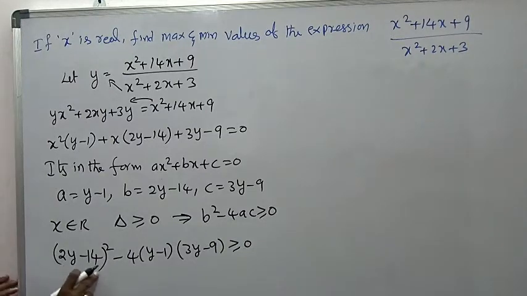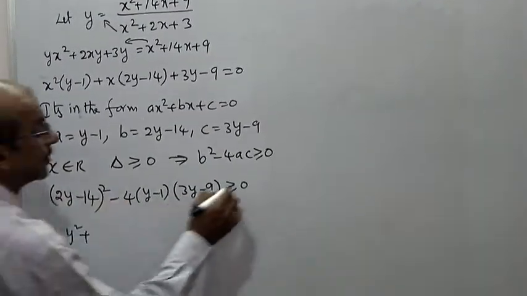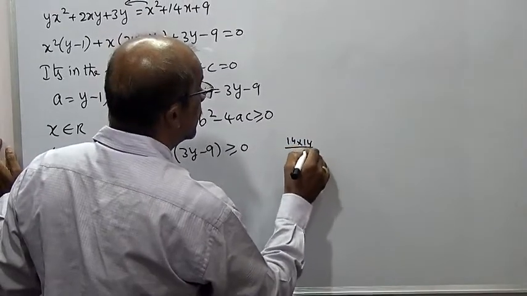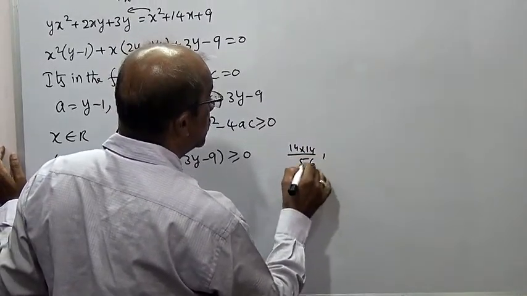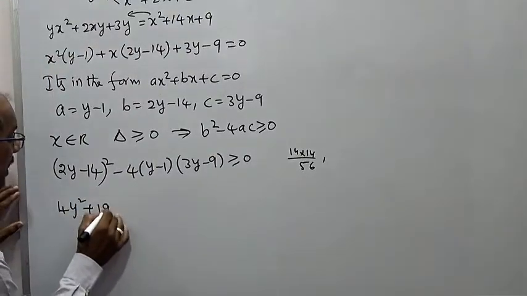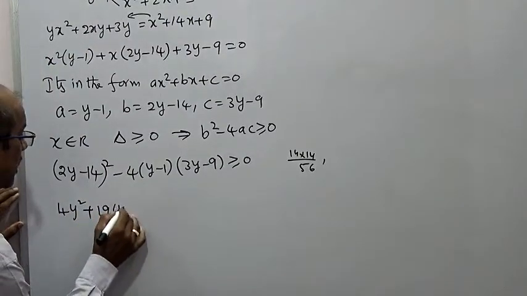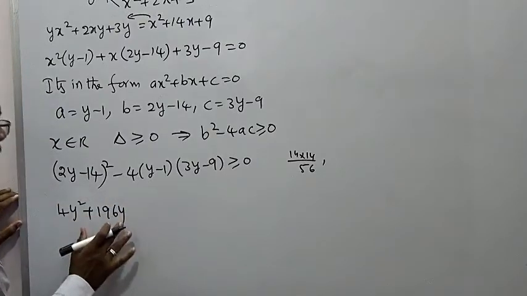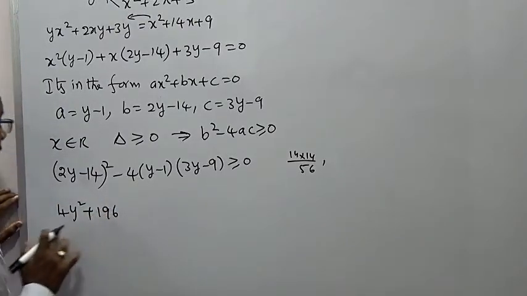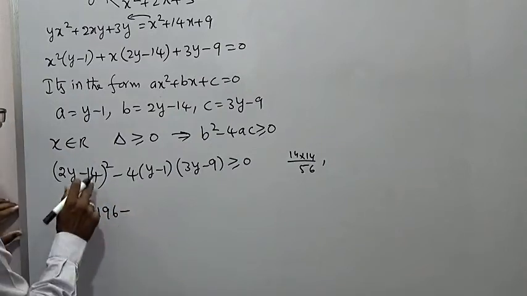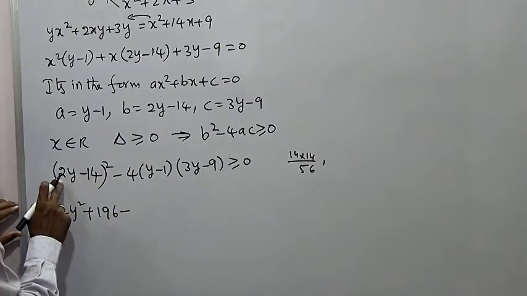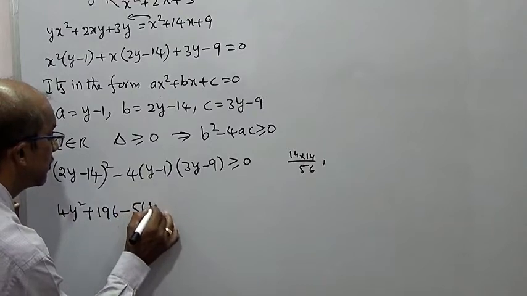Now take 2 common to simplify it. 2y whole square, that is 4y square, plus 14 squared, 196, using a square plus b square minus 2ab, 2 times 14 is 28, 28 times 2 is 56y.